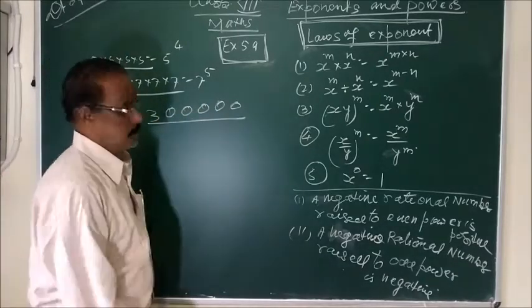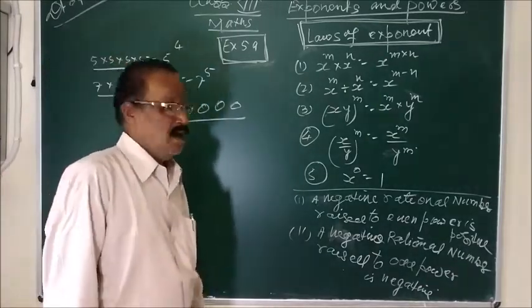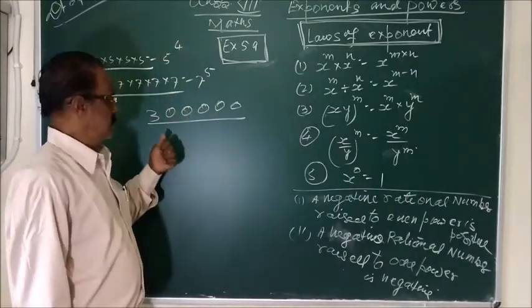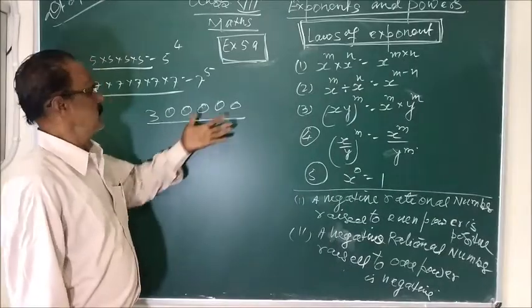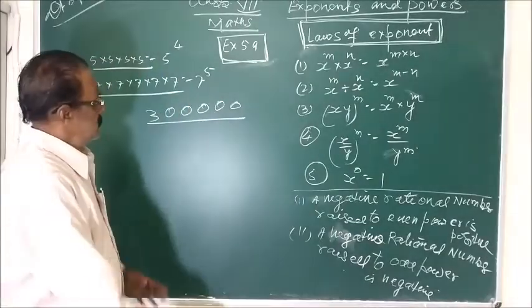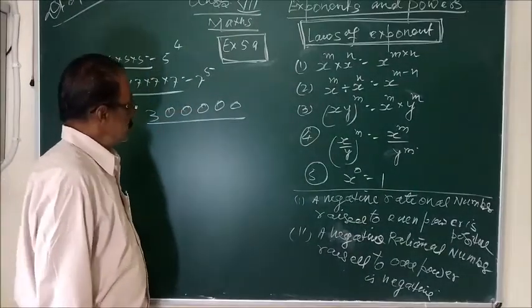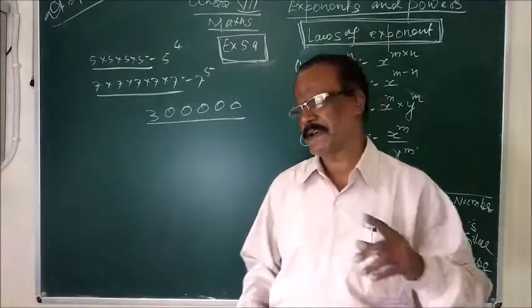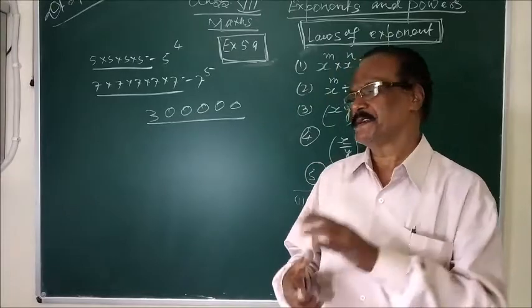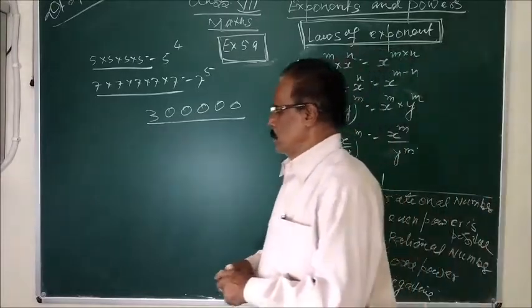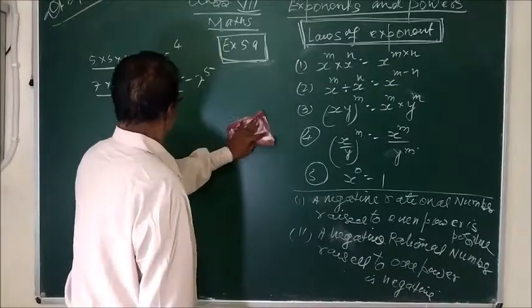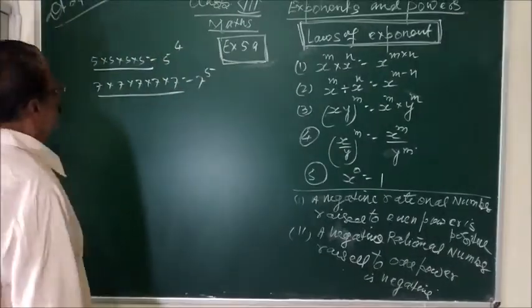This is the speed of light. Now this is a big number, a large number, and the number of zeros may be more than this. So for large numbers, it is very inconvenient to express and read them. So there is a method to express large numbers.